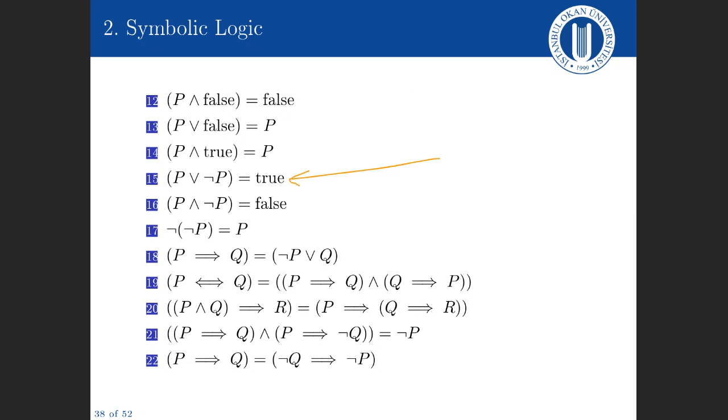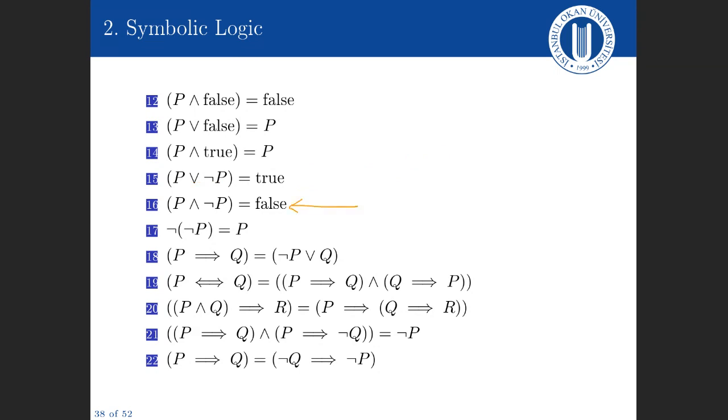P or not P. If P is true, then not P is false. If P is false, then not P is true. There's always one thing on the left-hand side which is true, so the whole of the left-hand side must be true.